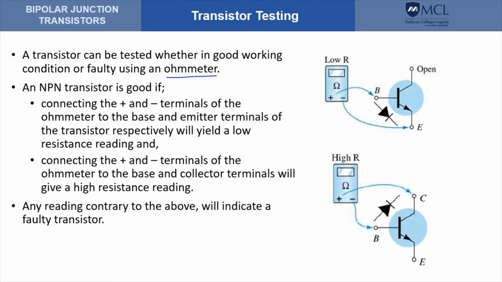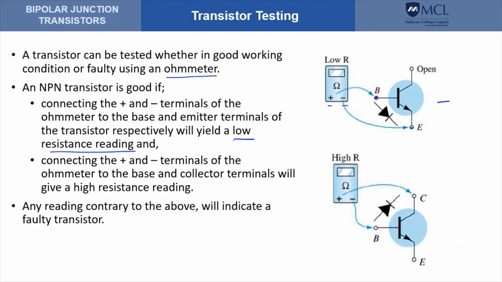Now here we have an NPN type transistor. If we connect, for example, the positive of the ohmmeter to the base and the negative to the emitter, if this is a good transistor, we should be able to get a very low resistance reading.